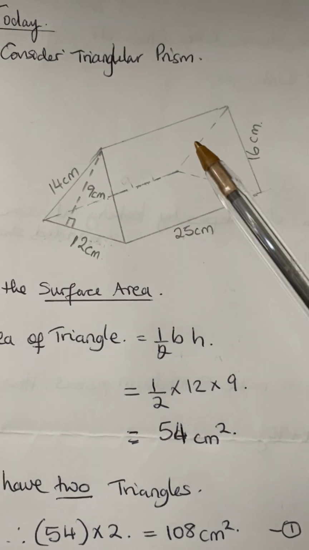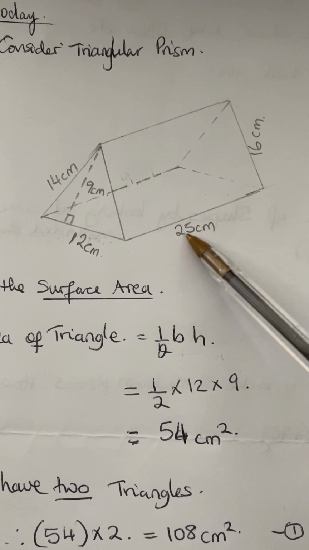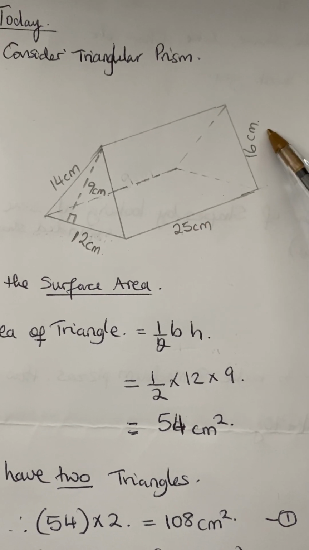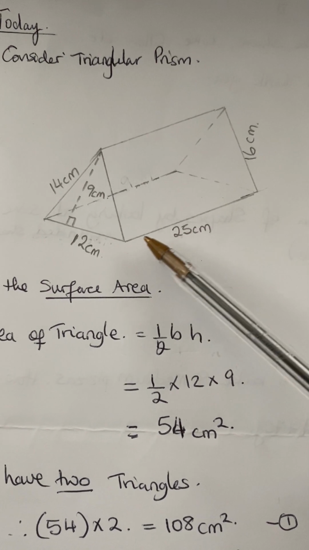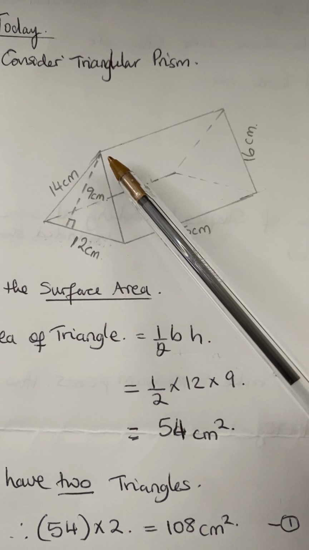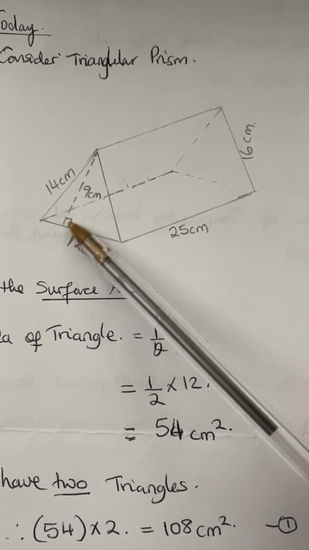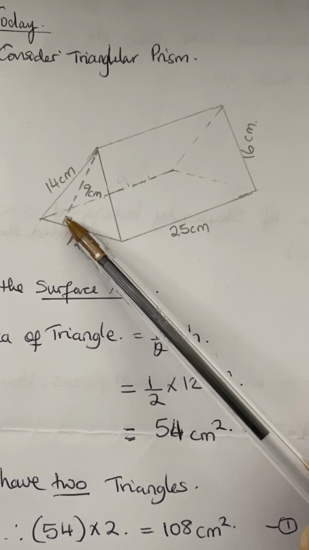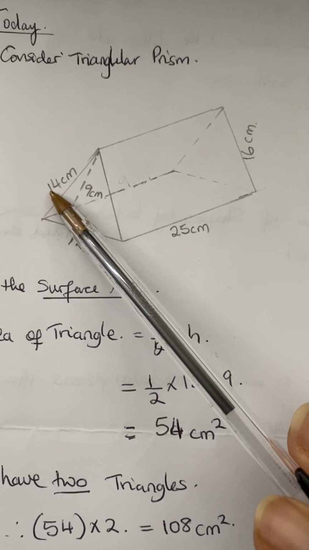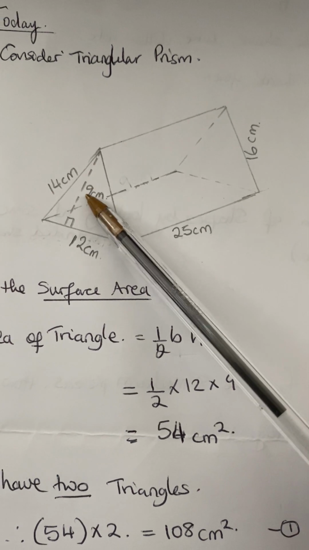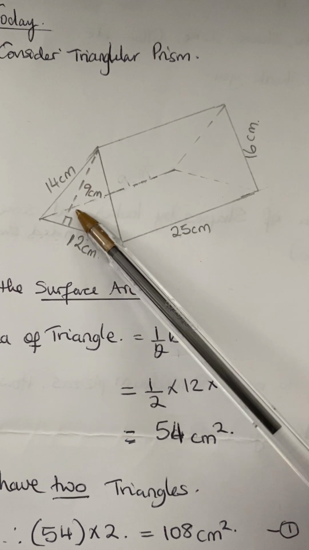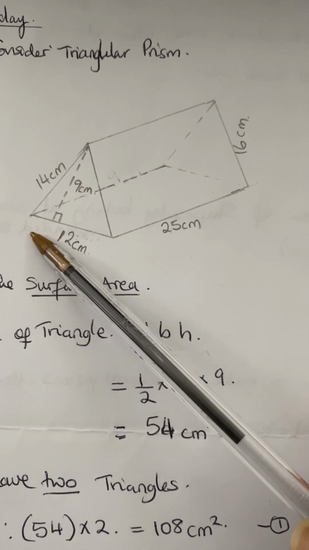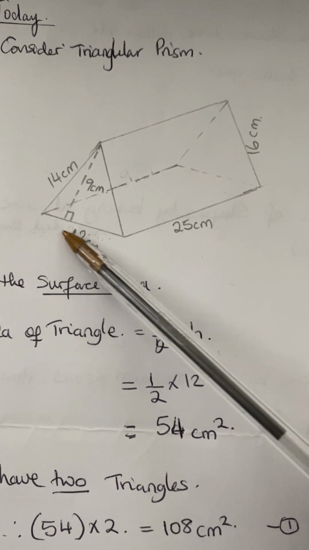Now look at the measurements we've been given. With the triangle part, I need the perpendicular height, okay. I showed you that this is a slanted height, and we need the perpendicular height with the base.